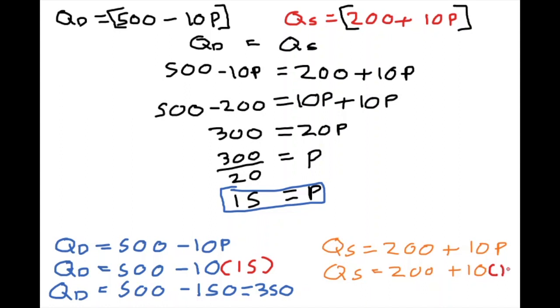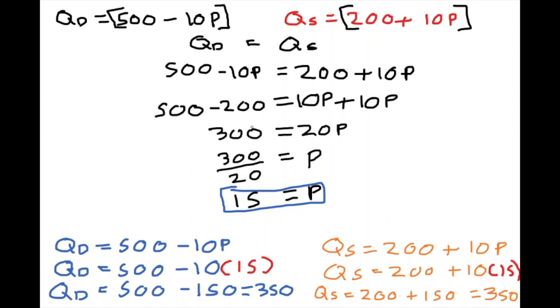We've worked that out already, so we substitute it in. And quantity supplied in this case is QS equal to 200 plus 10 by 15, which is 150, which means that quantity supplied is the exact same as our quantity demanded answer. It is 350 for quantity.